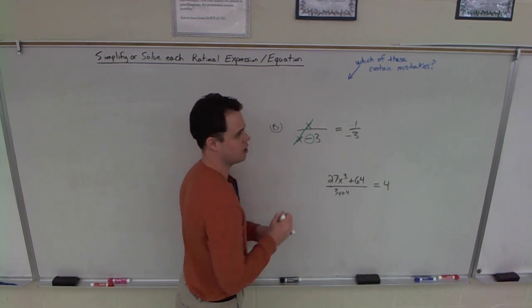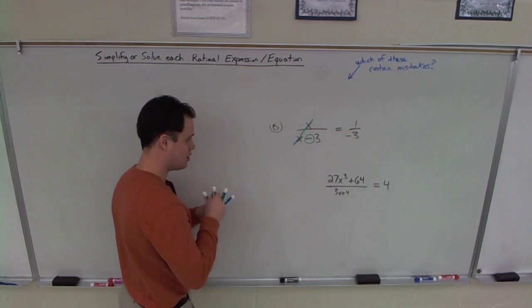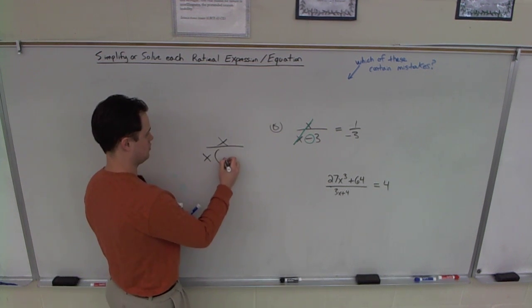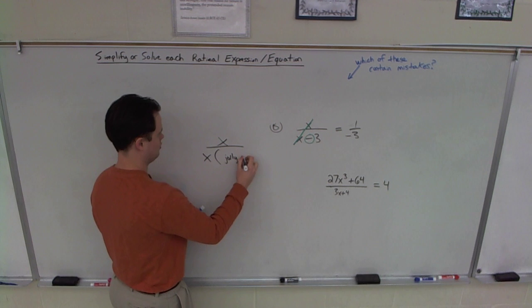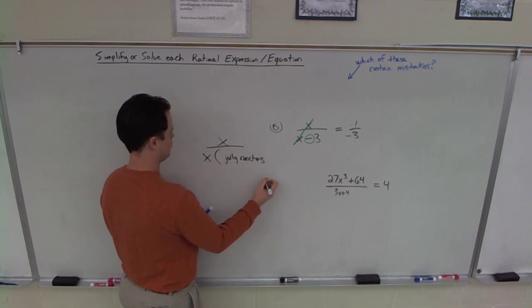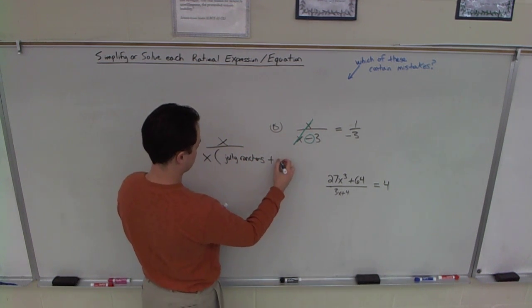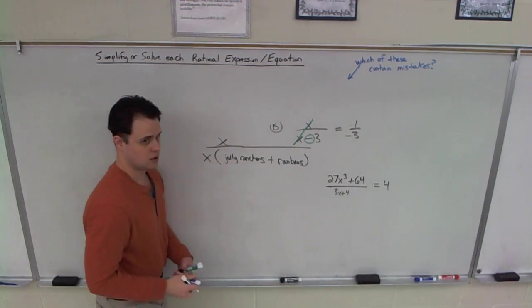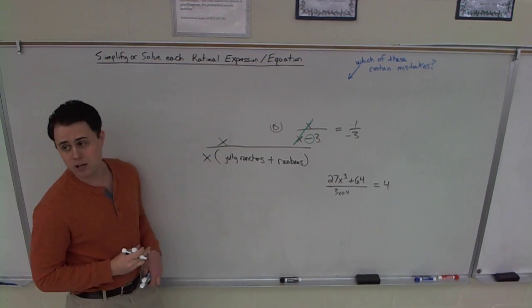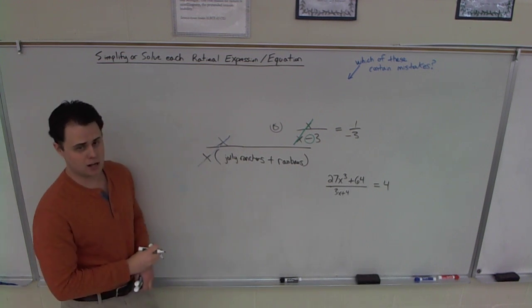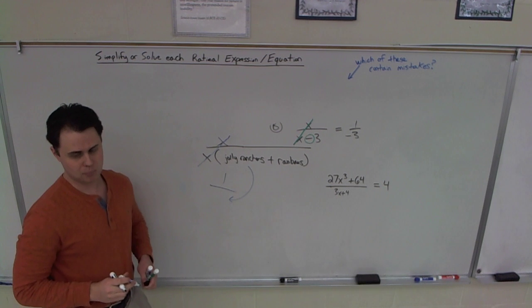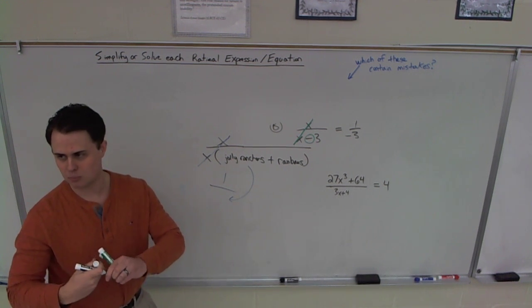I don't have any kind of product going on. Now, if I had something like x over x times stuff, then I have a product, so yeah, I can go like that and say 1 over that stuff. But I can't do it on that situation we just had, okay?